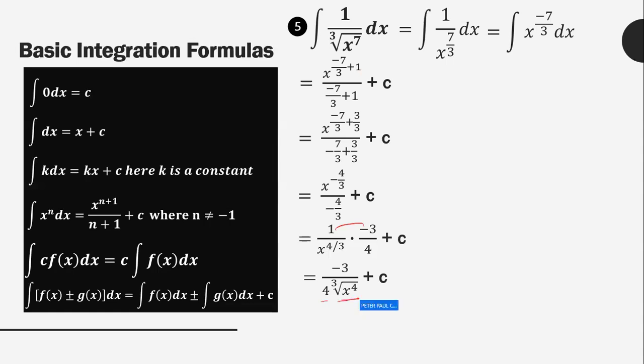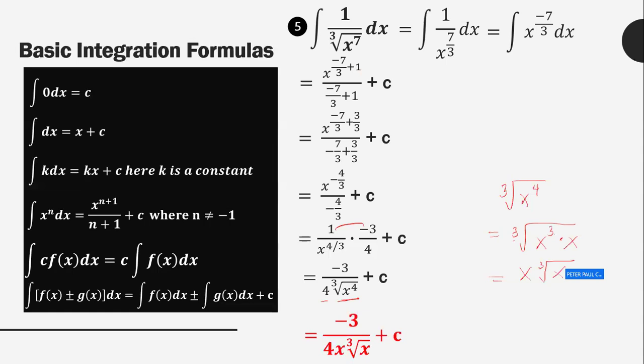But notice that the cube root of x to the 4th can still be simplified as the cube root of x cubed times x. So what's the cube root of x cubed? That is x, the cube root of x. So look at the final answer. It becomes negative 3 over 4x, the cube root of x plus c. Always remember that the plus c must always be present as well. Okay?